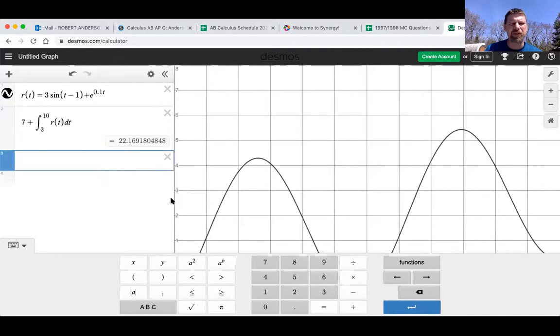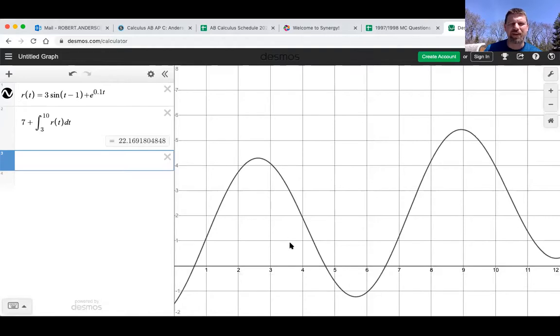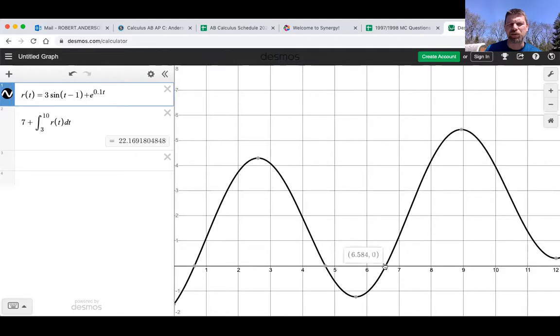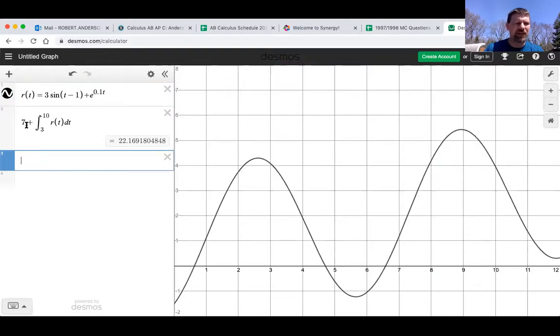The second part of that question did ask for the total distance traveled over that time. Again, be careful here. This is traveling backward. I could go to the work of trying to find the zeros. It's not hard. There they are, 4.7 and 6.58. And I could find this area and that area and this area separately. Or, to make my life easier, I could just find the value of that integral again.